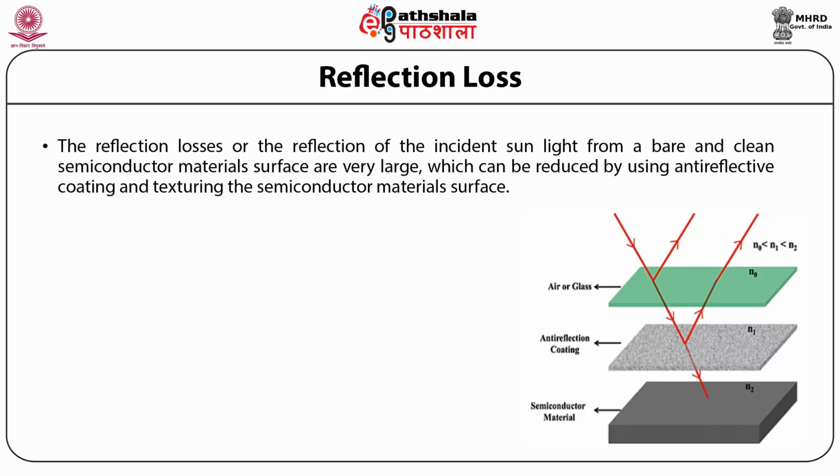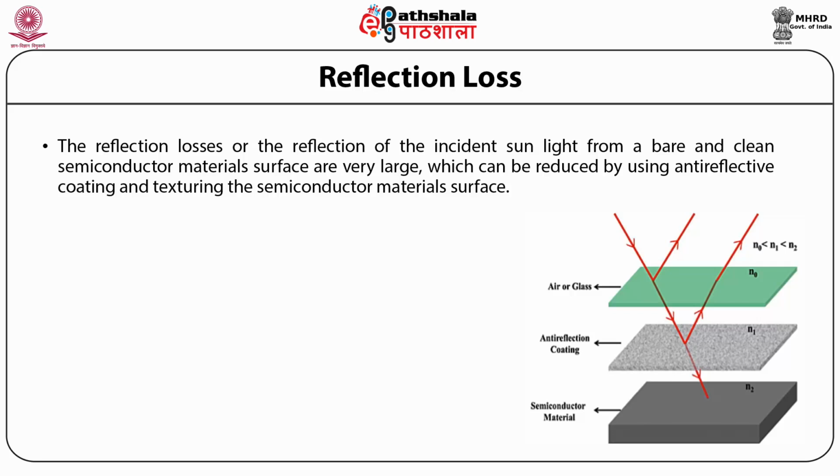Now let us consider three top layers of a PN junction solar cell as shown in the figure: a film of a semiconductor material of refractive index n2, an anti-reflection coating or film of refractive index n1 and thickness d1, and finally a sheet of glass or air of refractive index n0, where n0 is less than n1 is less than n2.